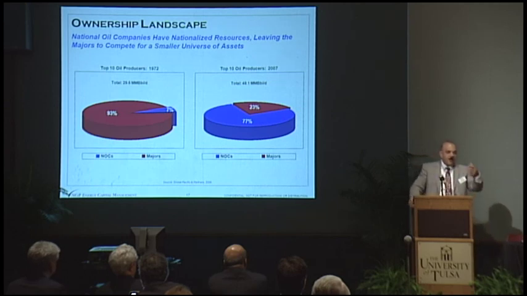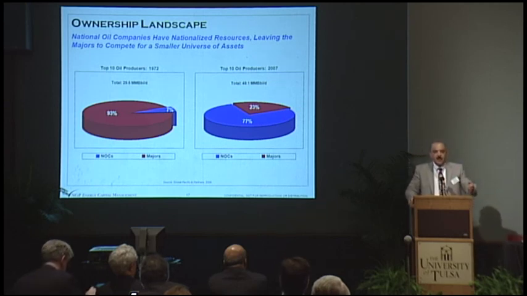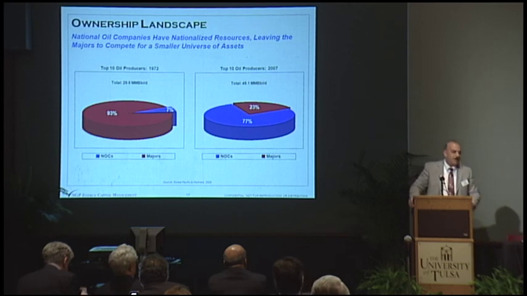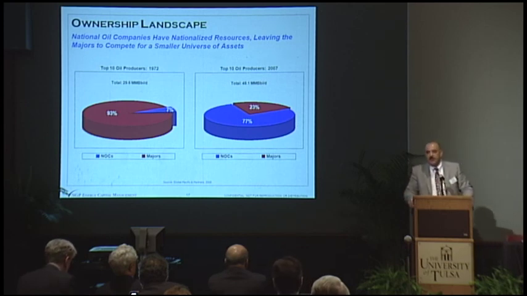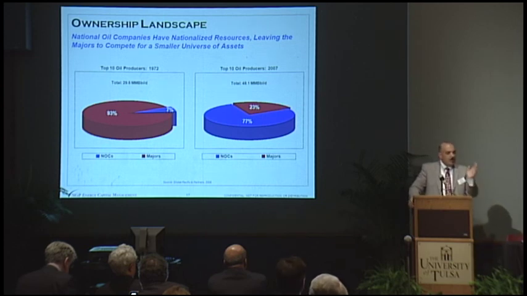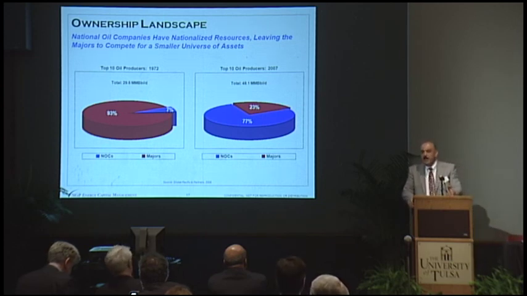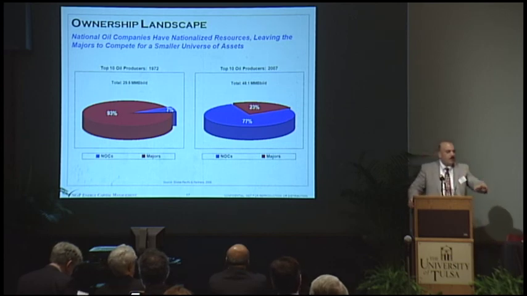You look at the countries that did not nationalize, there are always some groups that are mad at the government, mad at the foreign companies, and the first thing they do is bomb the pipelines. We've seen it in Colombia, we've seen it in Southern Sudan, we've seen it in Yemen, we've seen it in other countries. So the good side of nationalism is that it leads to stability and it leads to a continuous flow of oil.